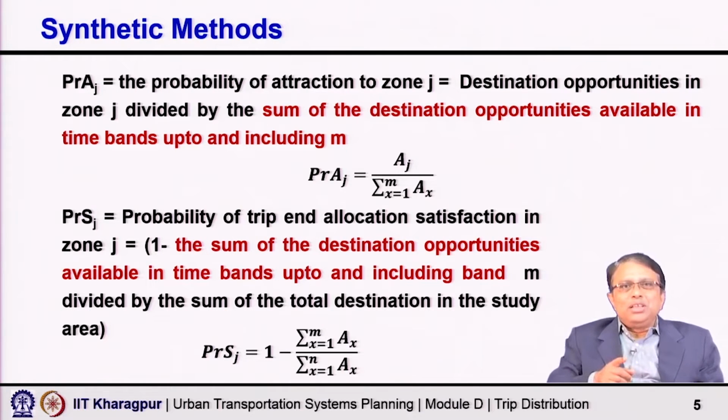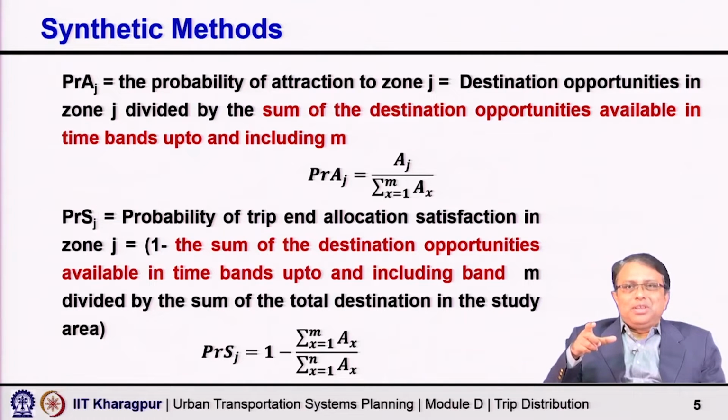So, that number is n, suppose. So, we have m number of stations up to x and there are a total of n number of stations.